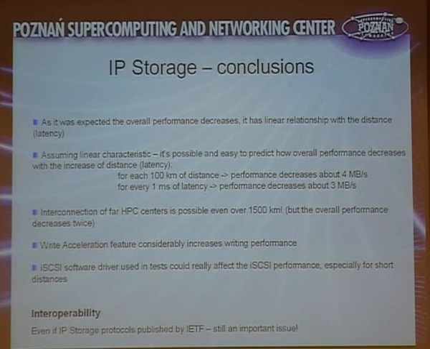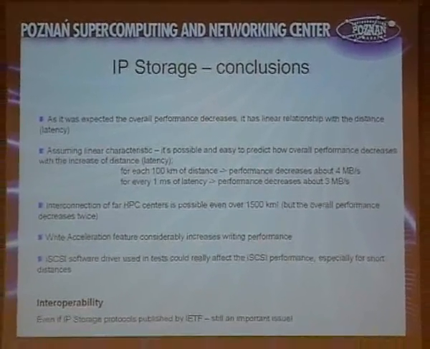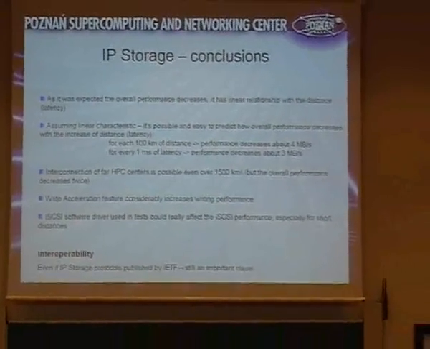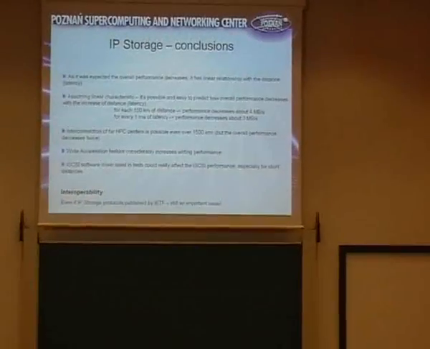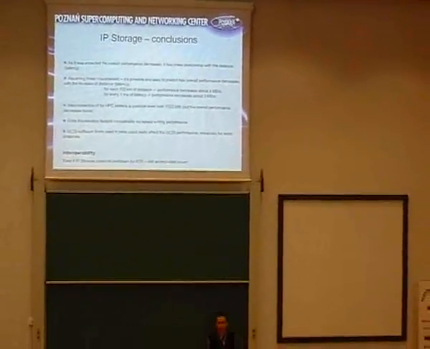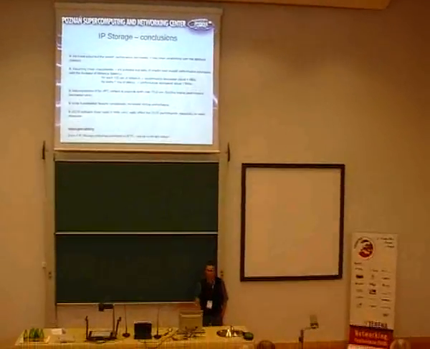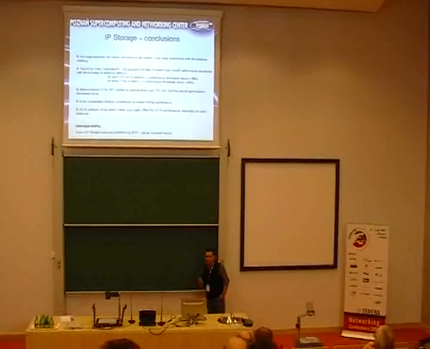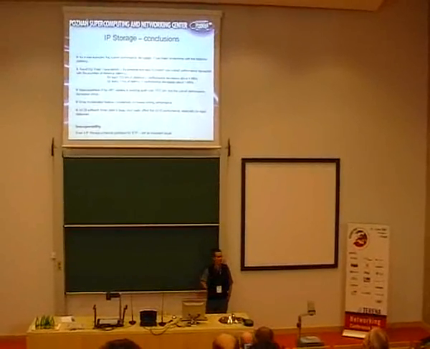Assuming this linear relationship, it's easy to calculate how overall performance decreases with the increase of the distance. And we found that for each 100 kilometers of the distance, performance decreases about 4 megabytes per second. And for every millisecond of latency, performance decreases about 3 megabytes per second. But please do not keep these calculations as a reference. It's just my thought.